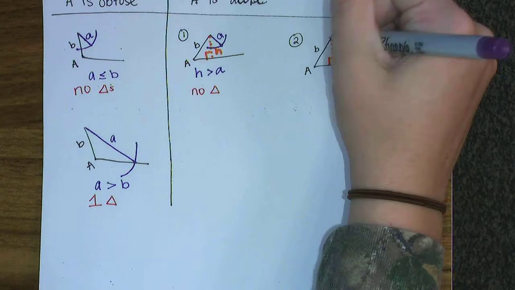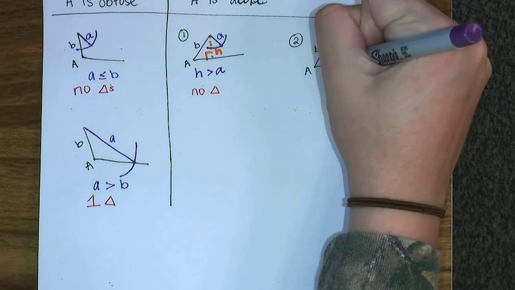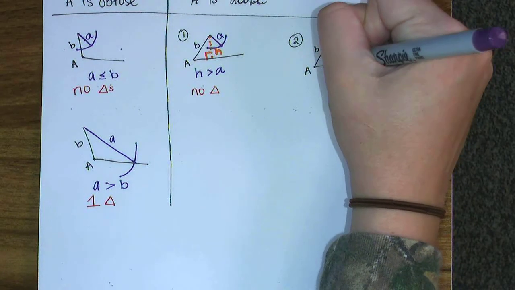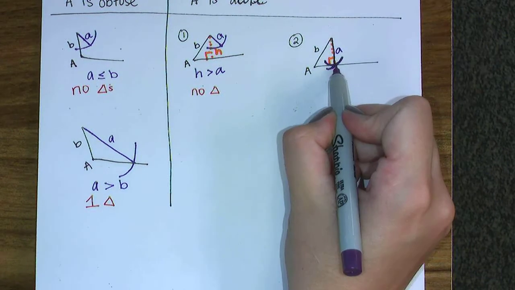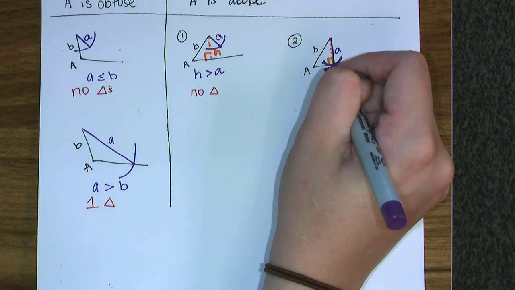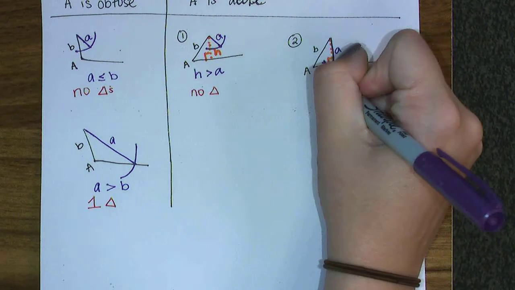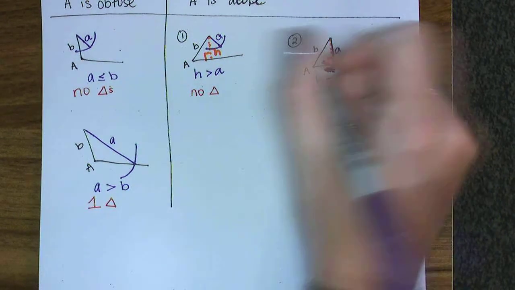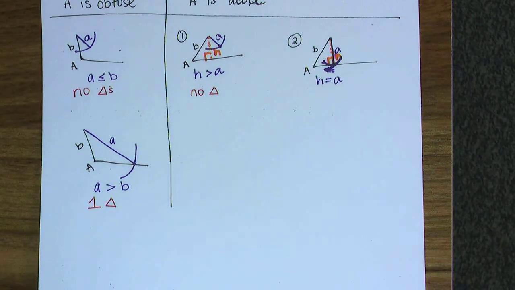So when it swings through, it only swings through in that one spot there. It barely touches in this one spot. Ignore this little part here. It hits once, and that's the only place that it hits. In this case, we would say that h is equal to a. I should write in an h there. Kind of a blob, sorry about that. So h is equal to a. Then, you can probably tell, this forms one triangle.